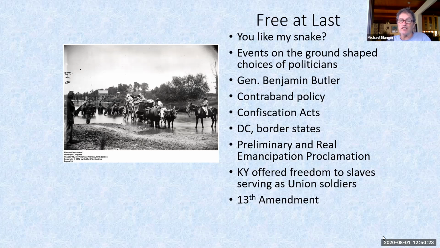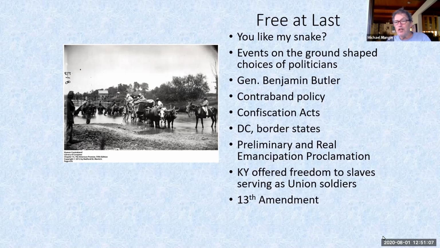Well, the second Confiscation Act in the summer of 1862 actually freed these runaway slaves and said if their master was a rebel, they would be freed when they got here. 1862 saw the Congress abolishing slavery in Washington, D.C. The border states were told that they ought to maybe take advantage of the offer of Congress to help them pay for their slaves, but they rejected that.